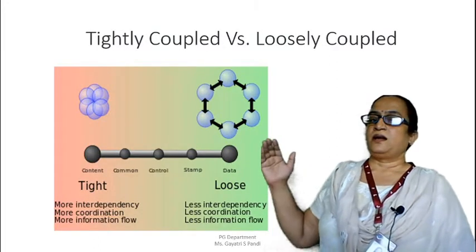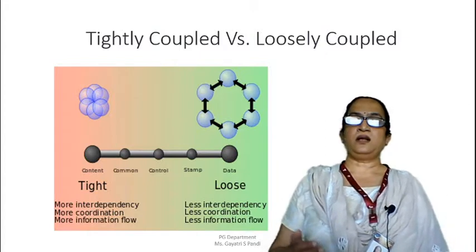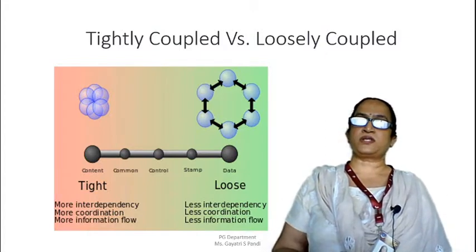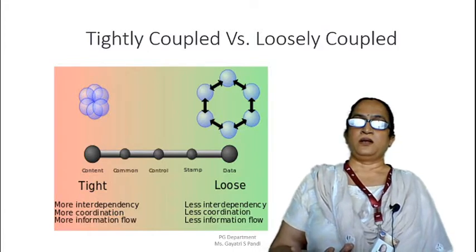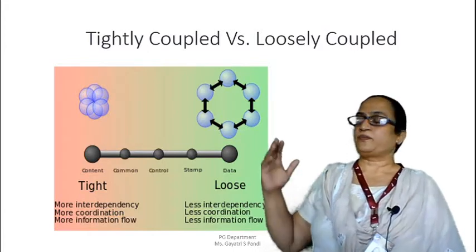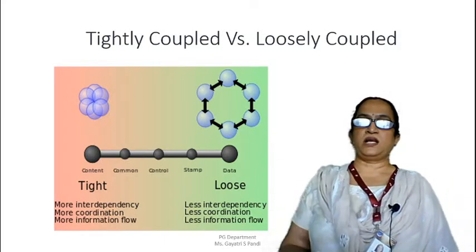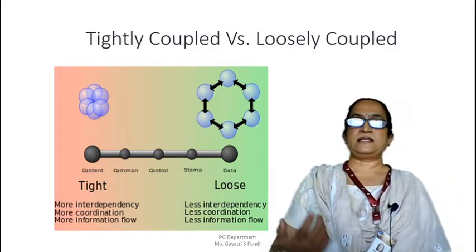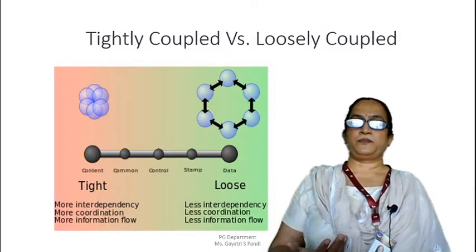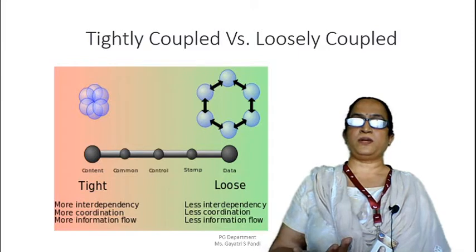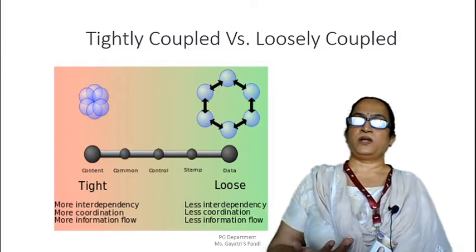This is a diagram which depicts the difference between tightly coupled and loosely coupled. As I stressed, cloud computing components are very loosely coupled. The diagram on the left side of the figure shows loosely coupled, which says that the components are less interdependent, there is less coordination among the components, and also less information flow among them.